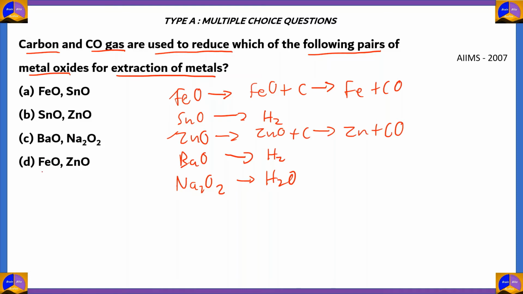So where does iron oxide and zinc oxide come in? Option D. So option D is the right option. In the first option, SnO is given, which is actually reduced by hydrogen gas. In the second option, also SnO is given, which is incorrect. In option C, both the given metal oxides are incorrect. Therefore, option D is the right option.